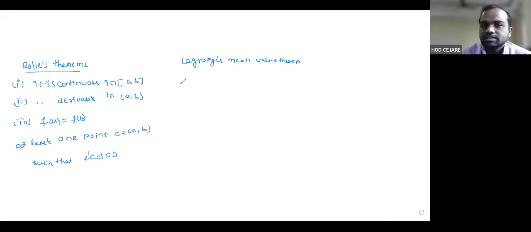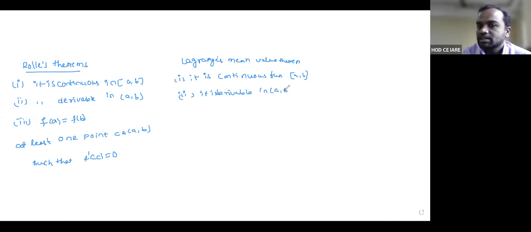So a function f of x is said to satisfy Lagrange's mean value theorem if it is continuous in the closed interval [a, b], and second, it is derivable in the open interval (a, b).